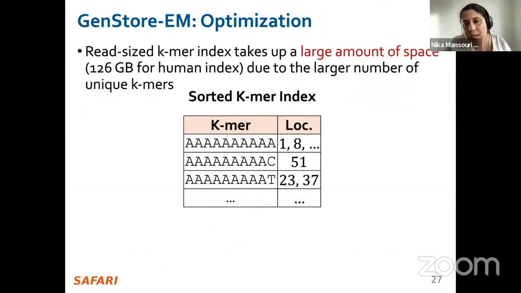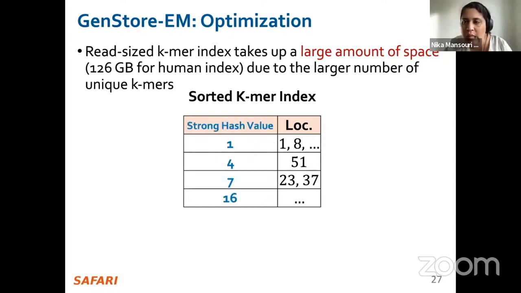Despite the key benefits of the sorted read-size k-mer index, this index takes up large space because now each k-mer is much larger. For example, for a human index, it will be around 126 gigabytes. That happens due to the large number of unique read-size k-mers. So we further reduce the overhead of GenStore EM by replacing the read-size k-mers with the strong hash value of each read that can act as both sorting criterion and fingerprint of each entry.